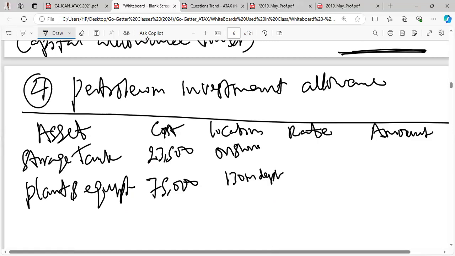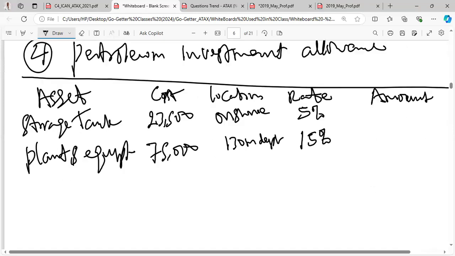Onshore rate is 5%. Onshore means land. Now, if it is offshore, 0 to 100 is 10%, then between 100 to 200 is 15%. Above 200 is 20%. So we've gotten the percentage now. You need to remember that for you to know what to do here.